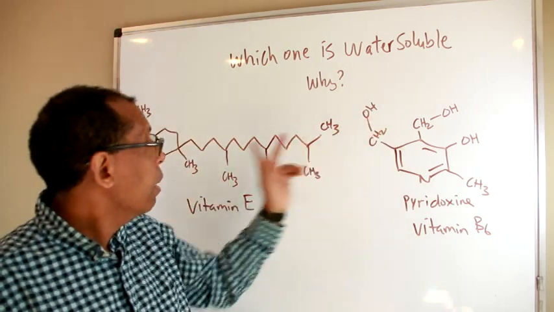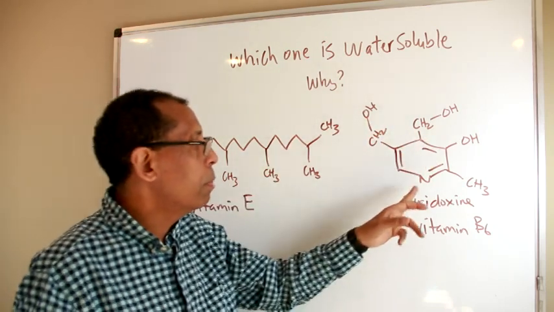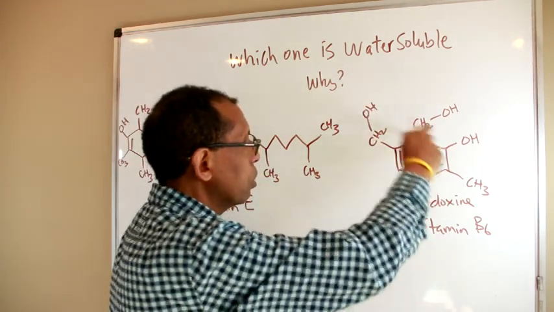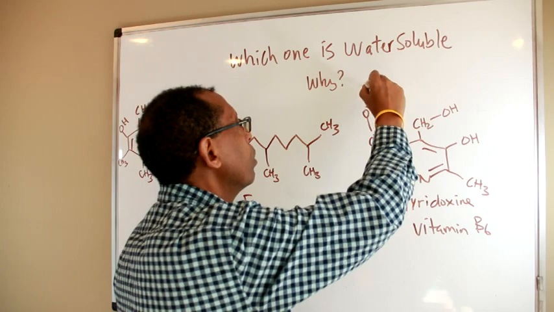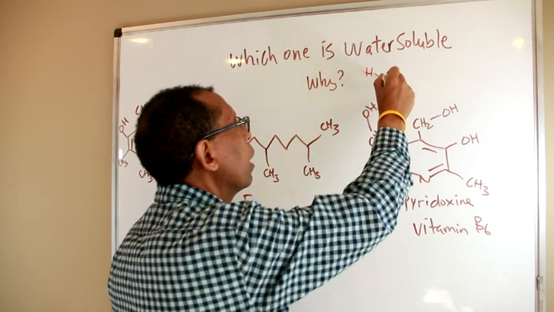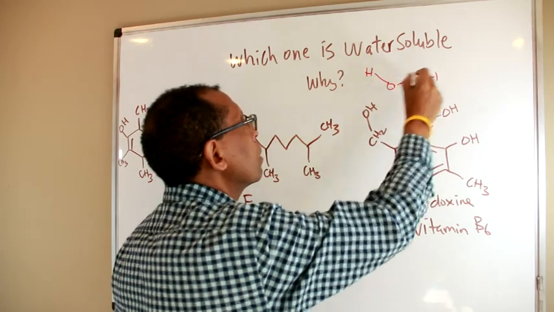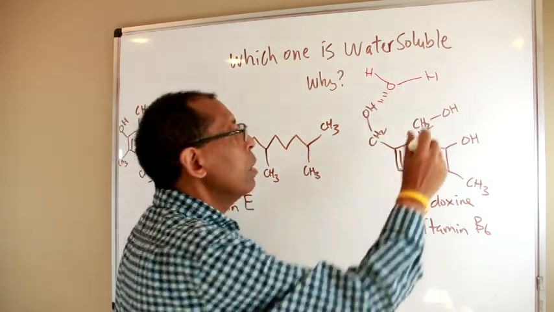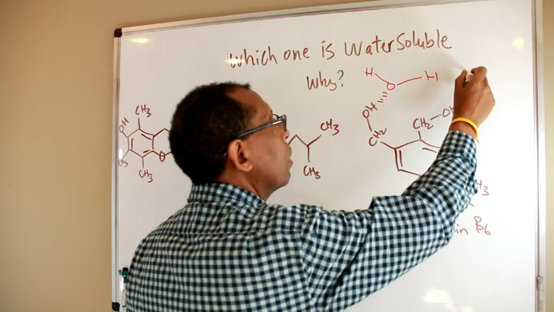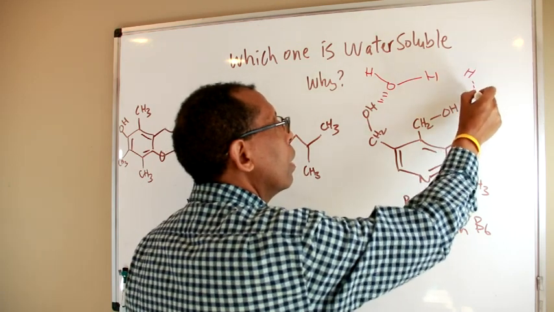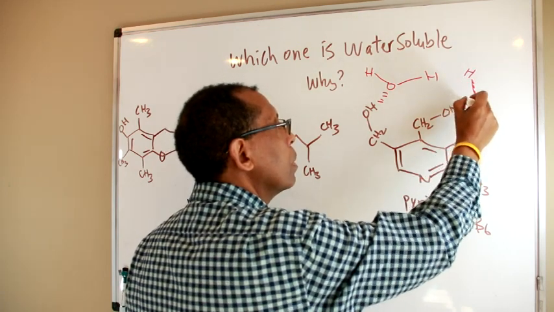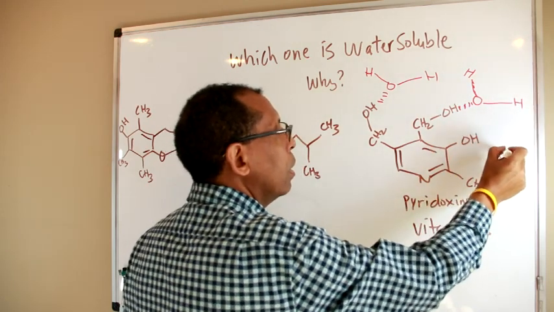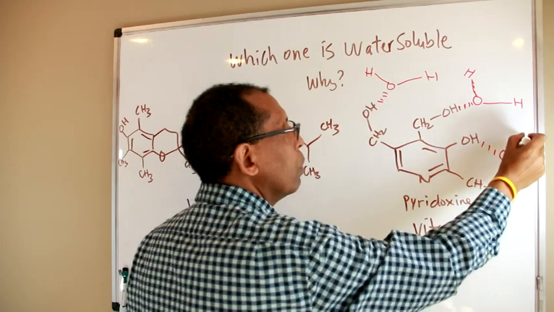But unlike vitamin E, if you look at this compound, a compact molecule, it has 3 hydroxy groups that can make hydrogen bonds with water, like this. That hydrogen would make a hydrogen bond. That hydrogen can also make another hydrogen bond. That hydrogen also can make a hydrogen bond with a water molecule.